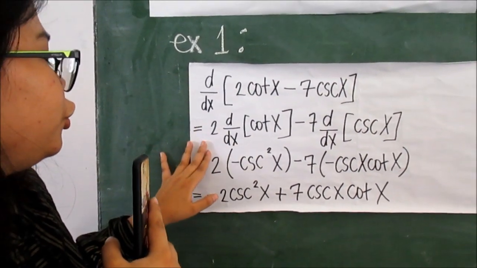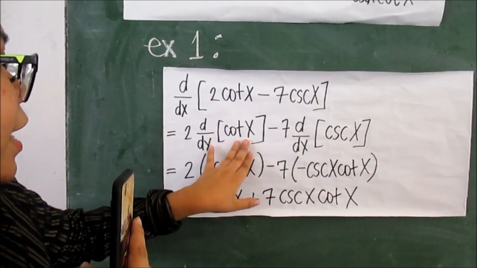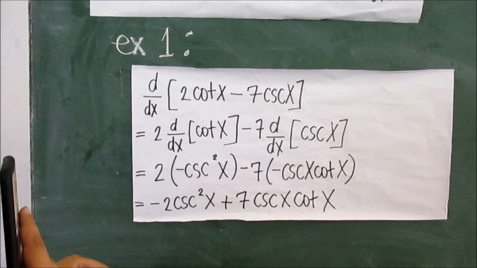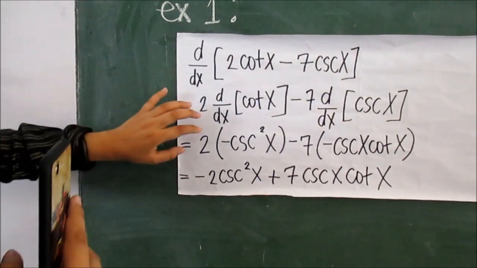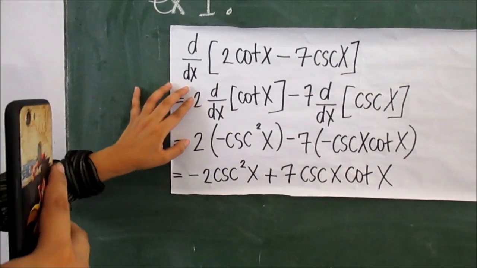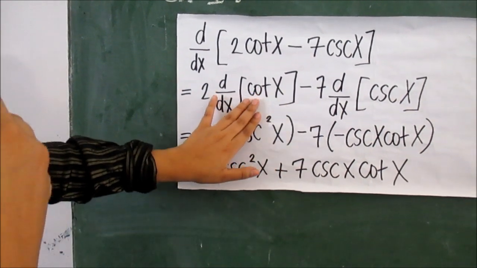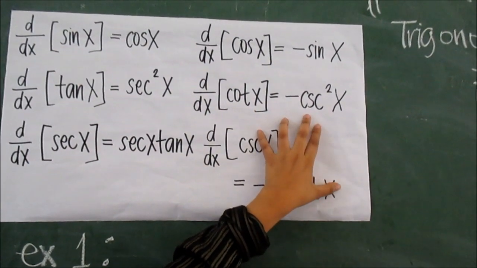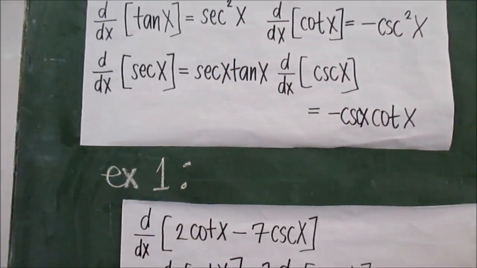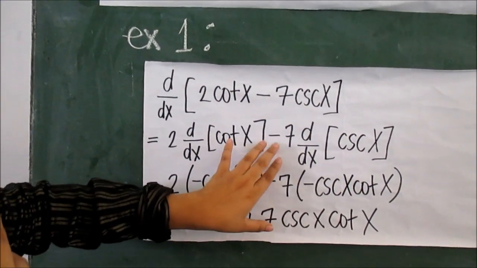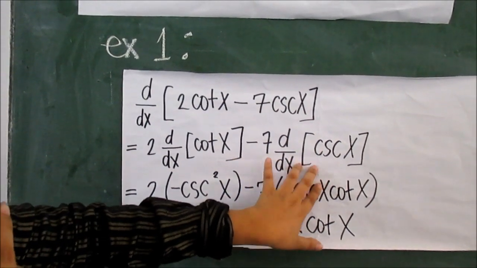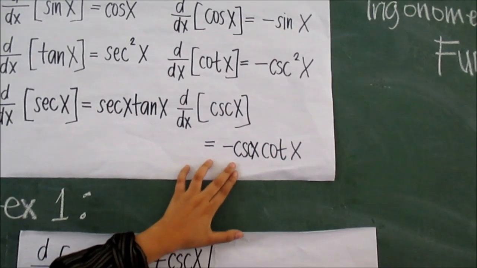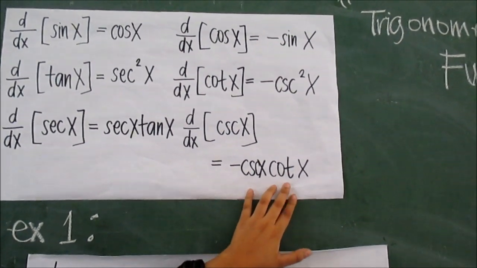So, we have 2 derivative of cotangent x minus 7 derivative of cosecant x equals, hahanapin natin ang derivative ng cotangent x. Makikita nyo rito na ang derivative of cotangent x is equals to negative cosecant squared x. So, minus 7 derivative of cosecant x is equals to negative cosecant x cotangent x.